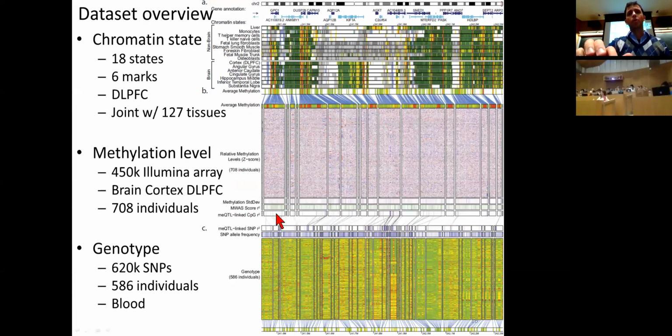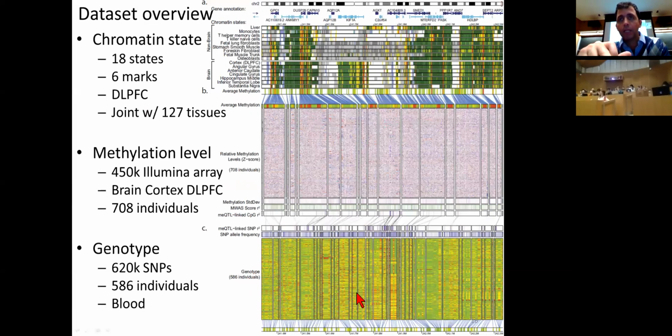Then in the same cohort, what we're measuring is the genotype of these individuals, whether I have 0, 1, or 2 alternate alleles. And that's in green, yellow, and red. And the allele frequency is shown here.